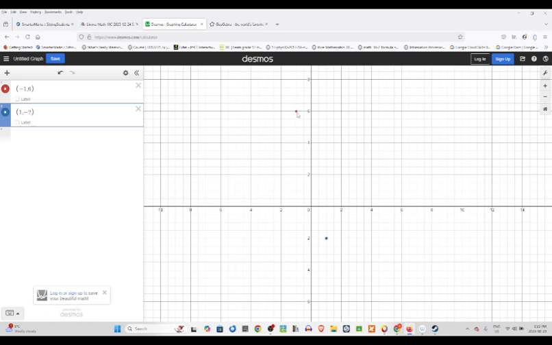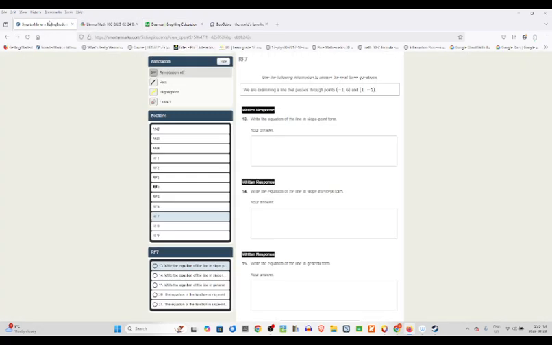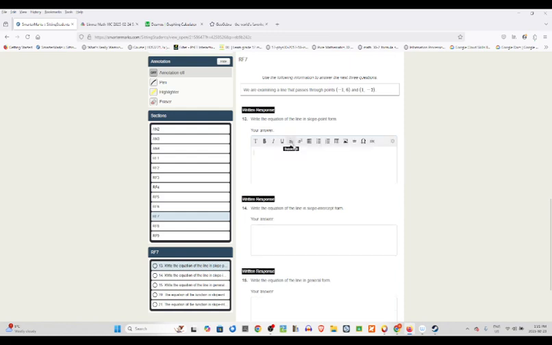Okay, these are our 2 points. We need the equation of the line in slope point form. Well, first off, we need the slope. When x increases by 2, y decreases by 8. So y2 minus y1, 6 minus -2 is 6 plus 2 is 8. -1 minus 1 is -2. So yes, our slope is -4.